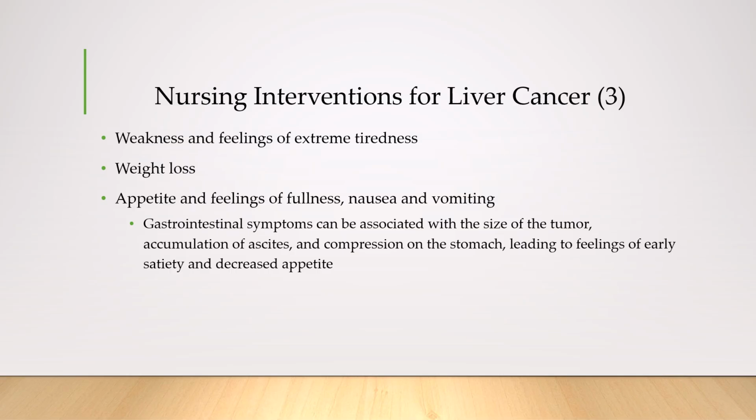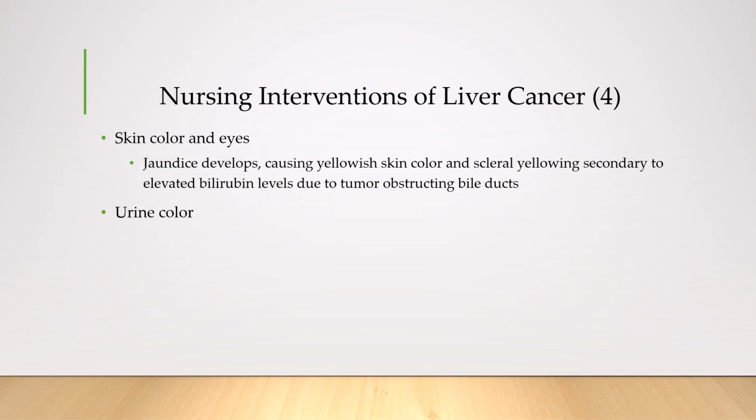And we are going to assess their skin color and their eyes. Jaundice will develop, causing yellowish skin color and scleral yellowing secondary to elevated bilirubin levels due to tumor obstructing bile ducts. And we are going to assess their urine color.